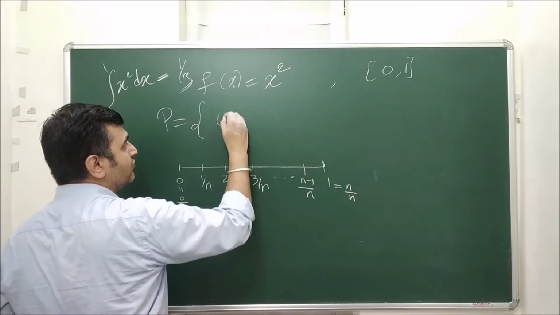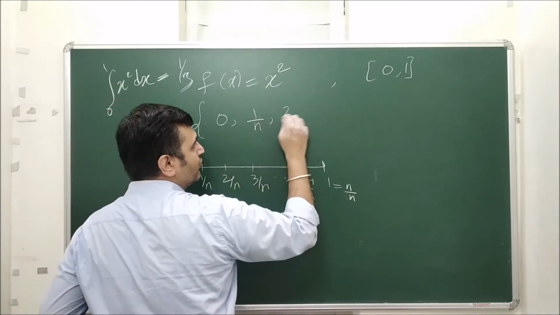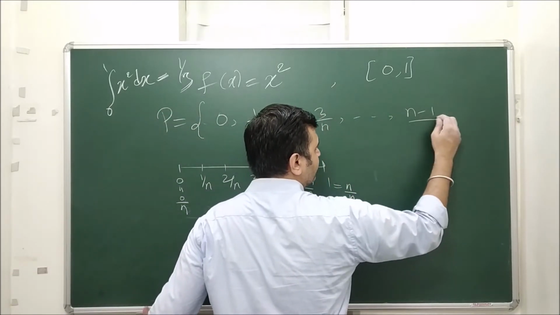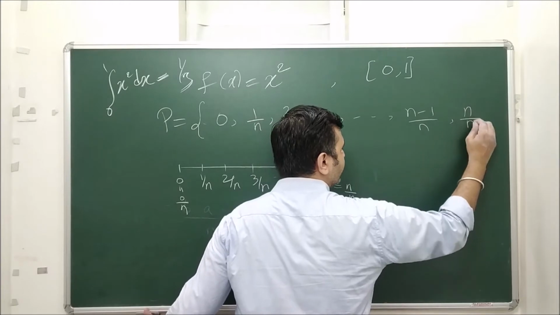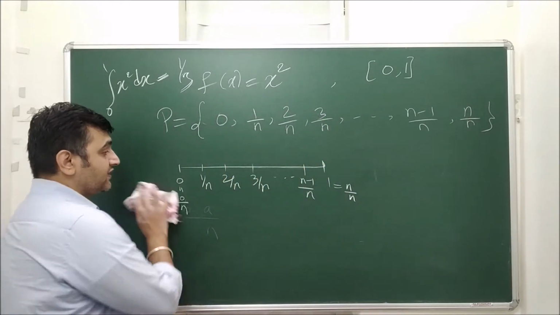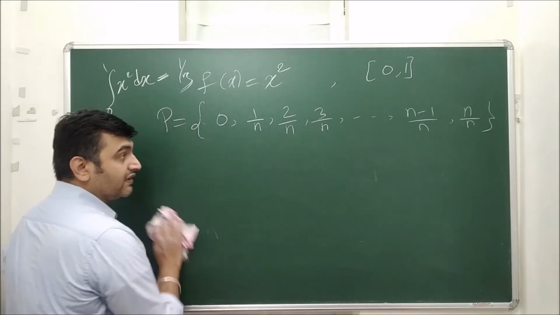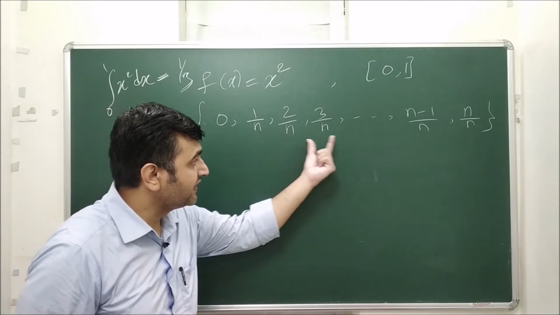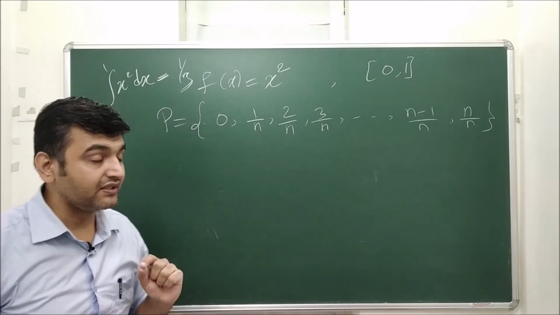This is a nice partition because each of the subintervals is of equal length, which is 1 by n. The length is 1 by n.